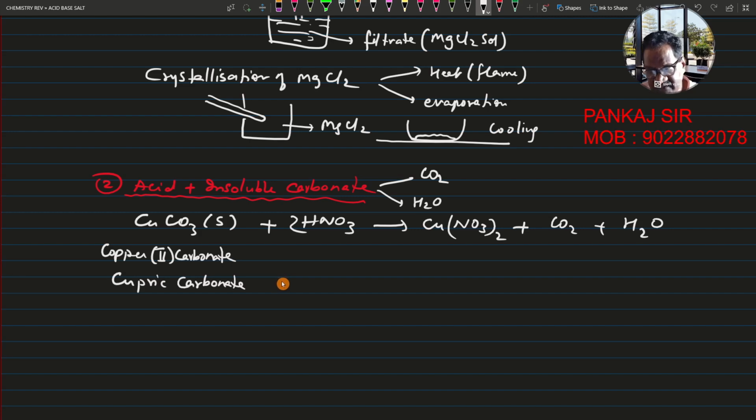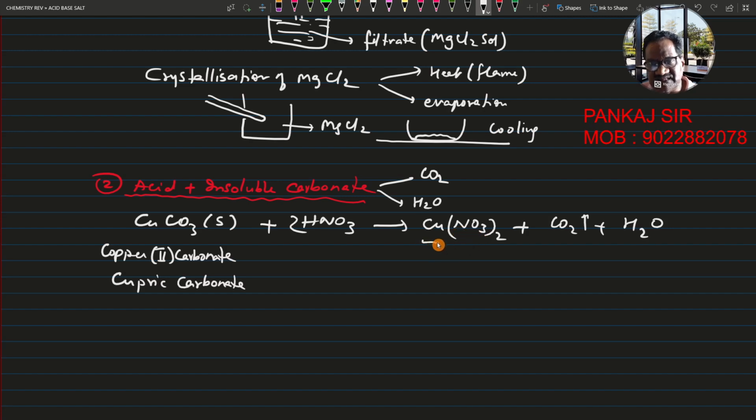Now what you are going to take in excess is the carbonate, right? So you are going to take more quantity of copper carbonate, and to that you are going to add nitric acid. Now when you are doing that, slowly gas will be evolved, that will be carbon dioxide gas, and copper nitrate, Cu(NO3)2, will be formed.